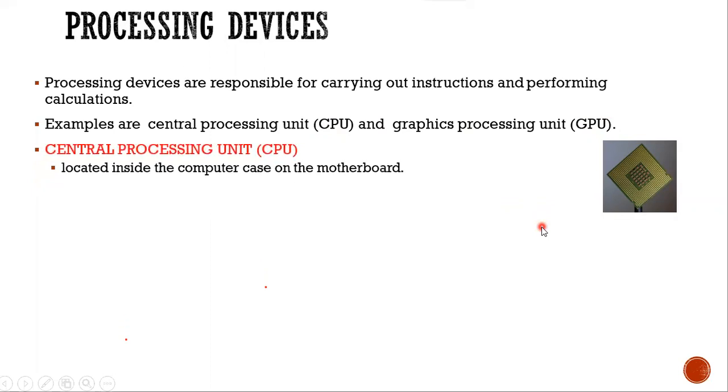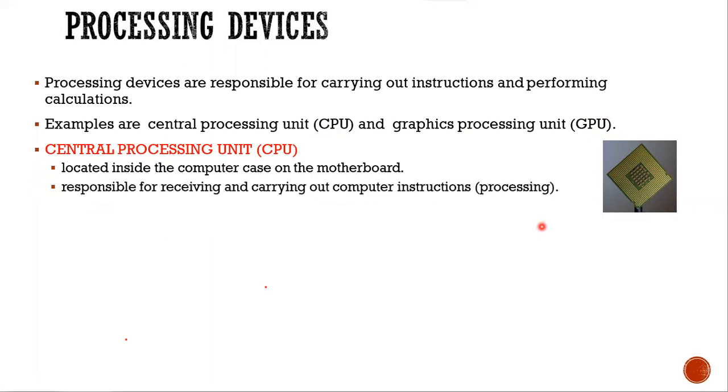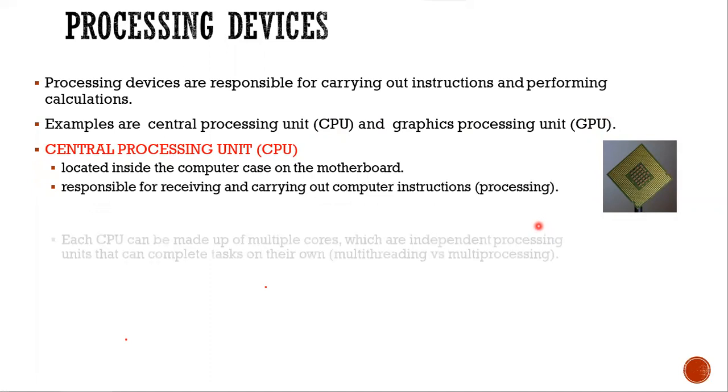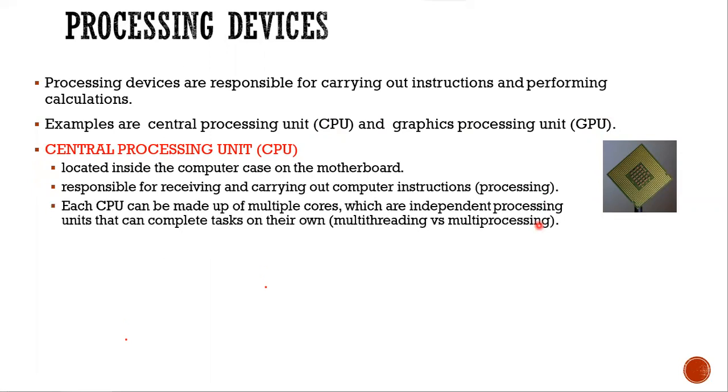Now, in terms of your central processing unit, it's located inside the computer case on the motherboard. It's responsible for receiving and carrying out computer instructions. Each CPU can be made up of multiple cores that are independent processing units that can complete tasks on their own.